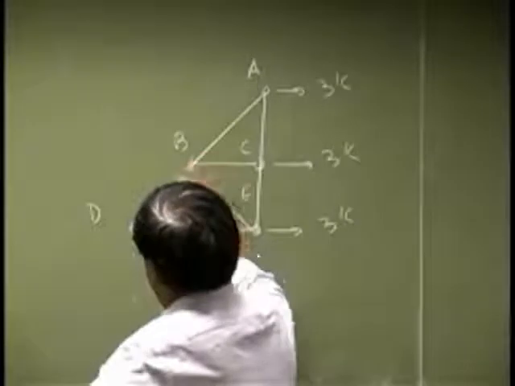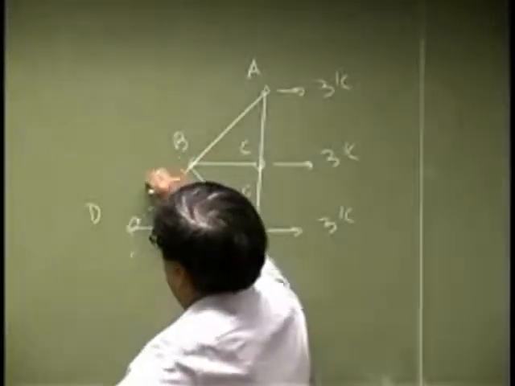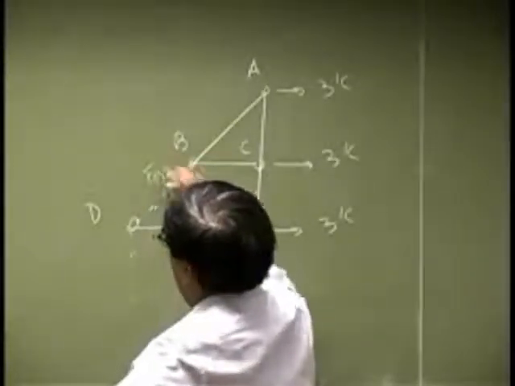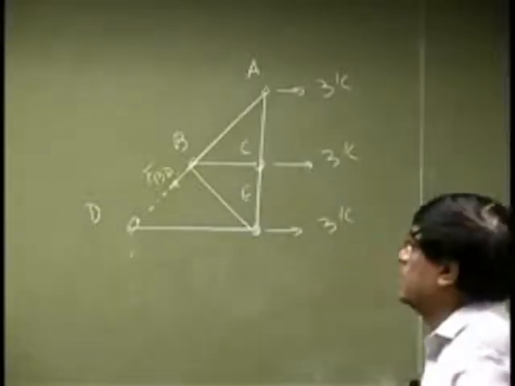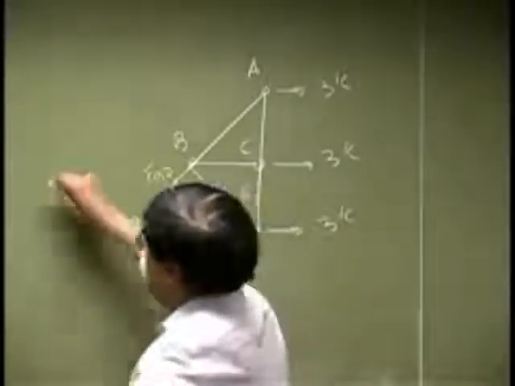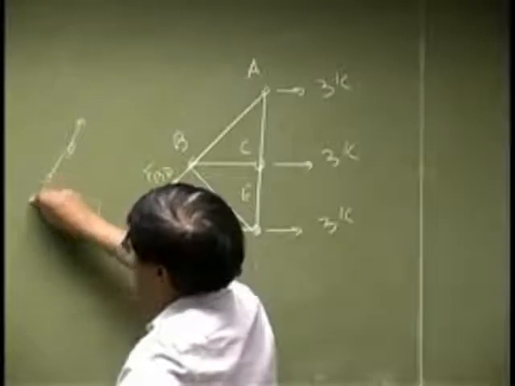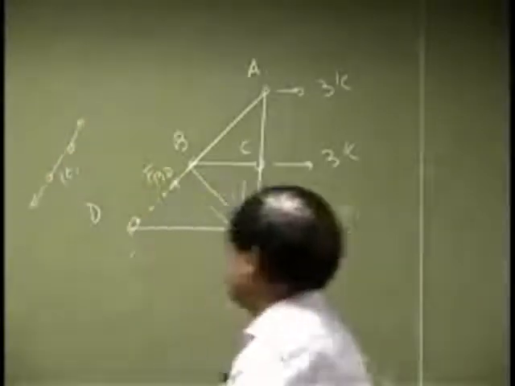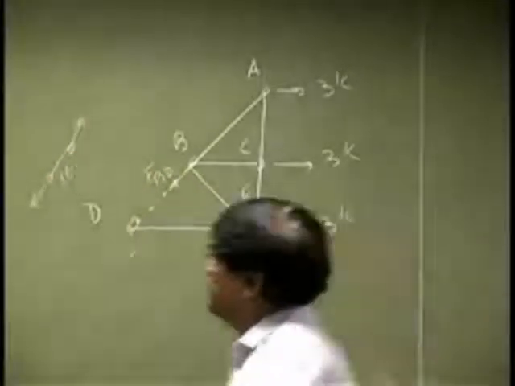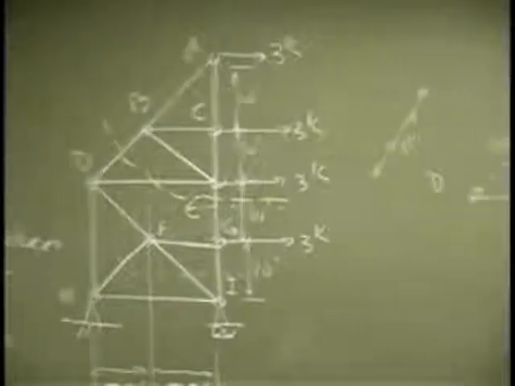So at joint B, I place a force. I call this FBD. And again, the assumption is that the member was in tension. Then it cuts through this member. That means this member is no longer there either.